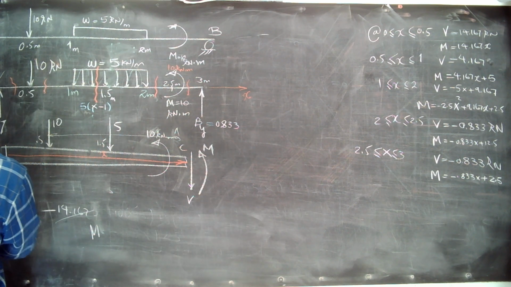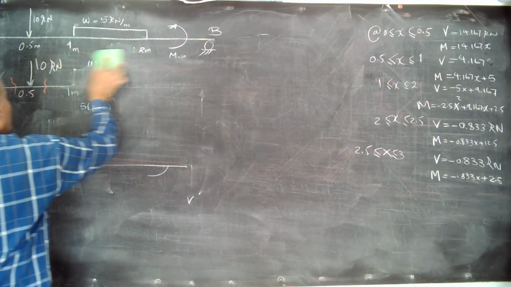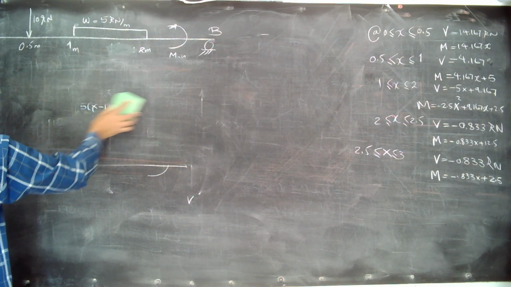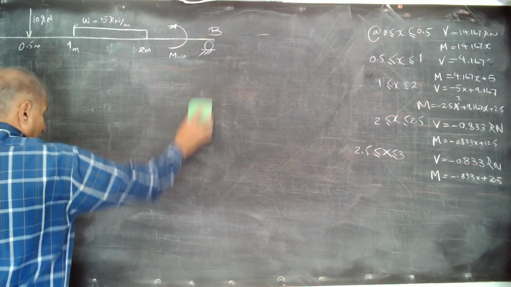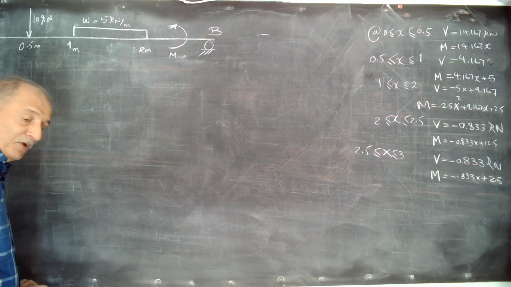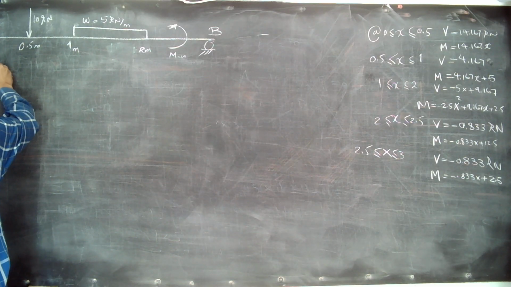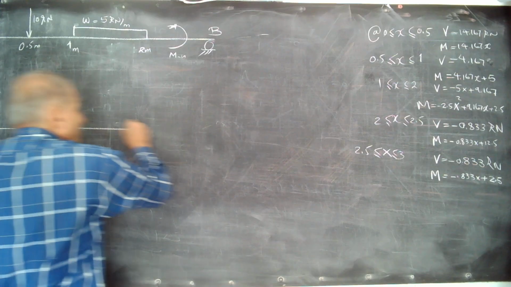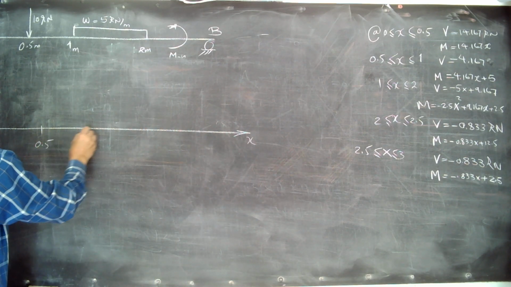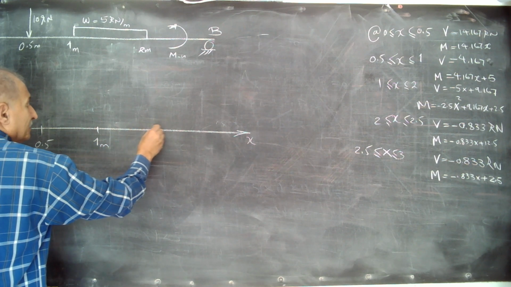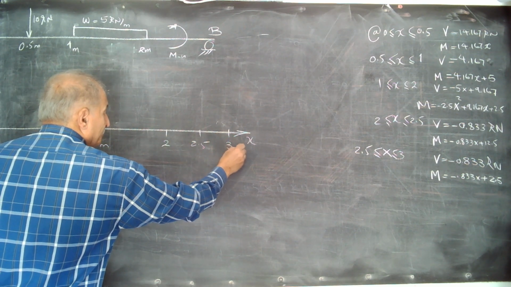I get rid of this and I go. I do not need these beams anymore. I just keep the original figure of the beam and draw step by step according to the equations. First, the V diagram: 0.5, 1, 2, 1.5, 3 meter. Okay.